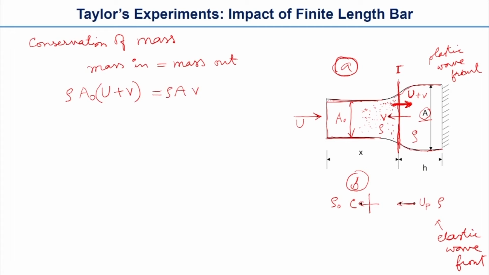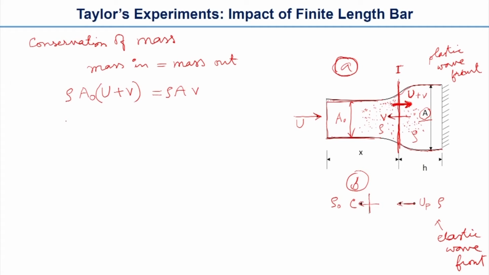the small v, because the material on the right hand side is going away from the interface at a speed of small v, because at a speed of small v the interface is going towards the left side, that means the material on the right side is going at a speed of small v towards the right side.